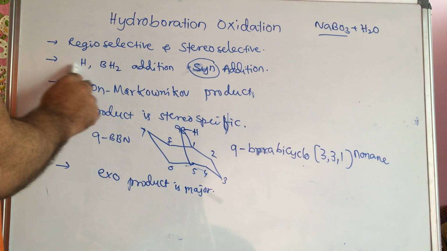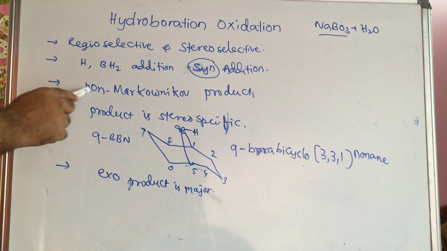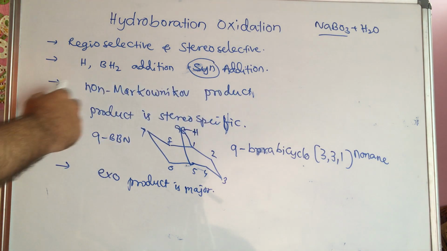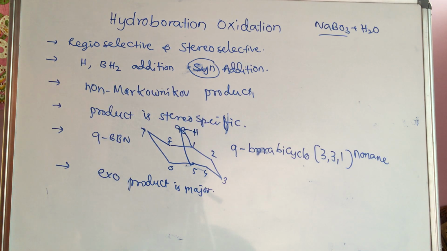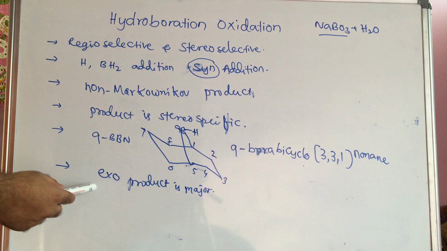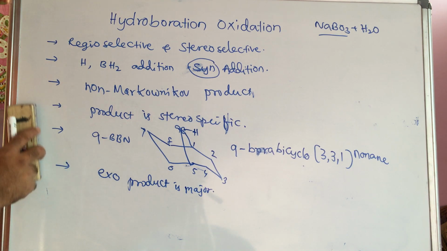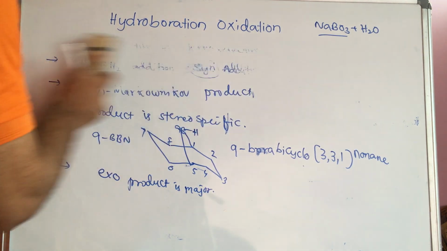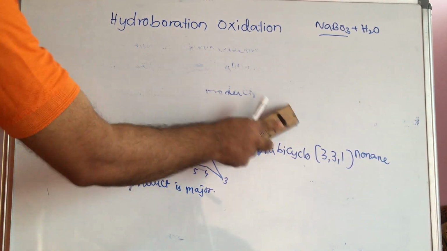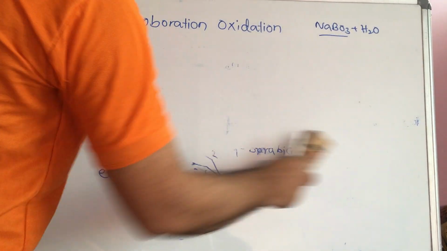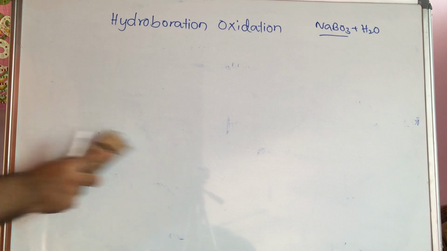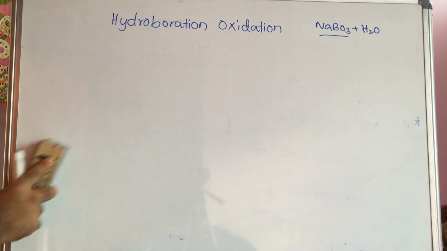Keep in mind, very important is syn addition, and next the non-Markovnikov, anti-Markovnikov product is the major product, and this product will be stereospecific only. If cyclic compounds are there, then it gives an exo product. Next, I will explain the syn addition, regioselective and stereoselective.